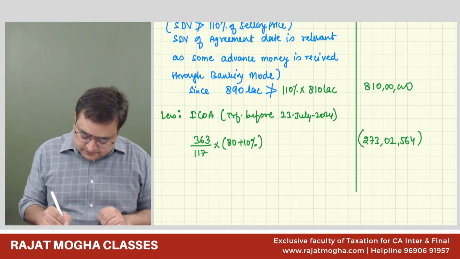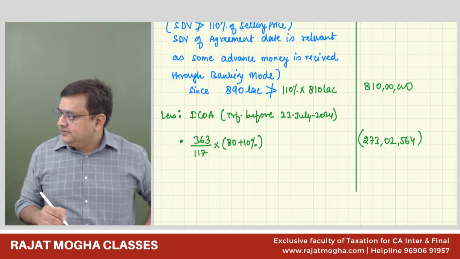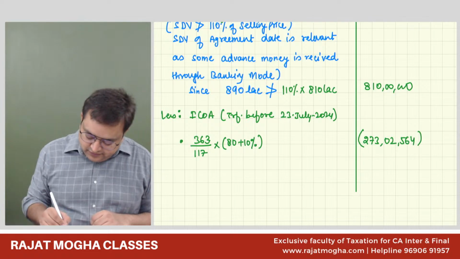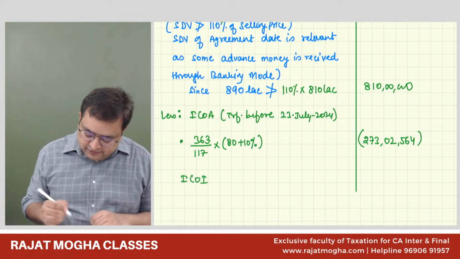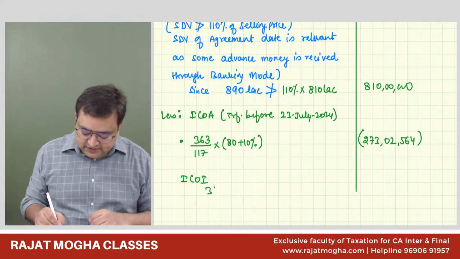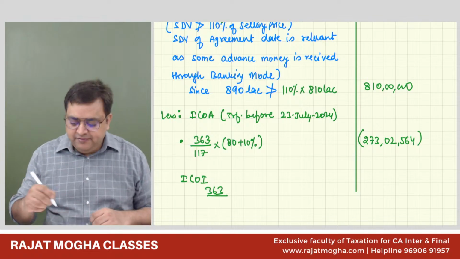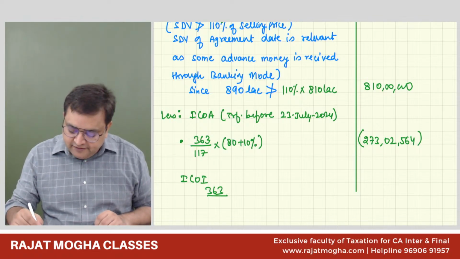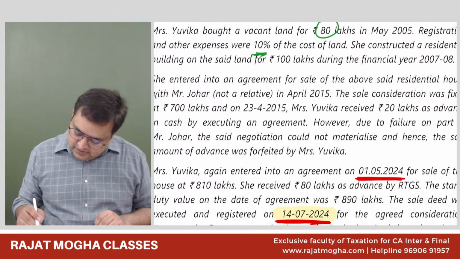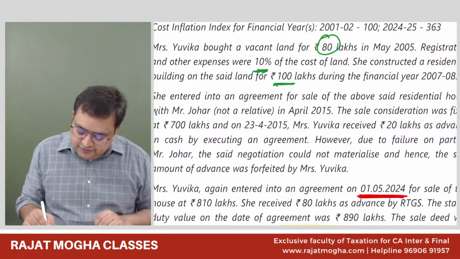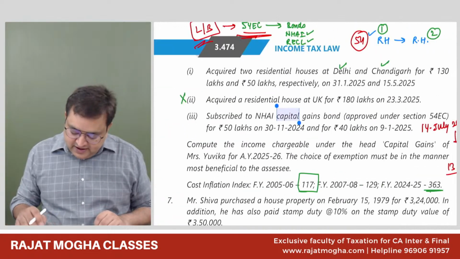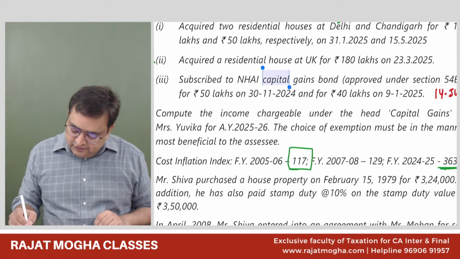Then second, the index cost of improvement. Index cost of improvement, because we have incurred improvement on the building also. What is the formula? CI of the year of transfer 363 divided by CI of the year of improvement. How much improvement have we done? We have done 100 lakh rupees of improvement in 2007-08. The CI for 2007-08 would be given to you in the question. It was 129.